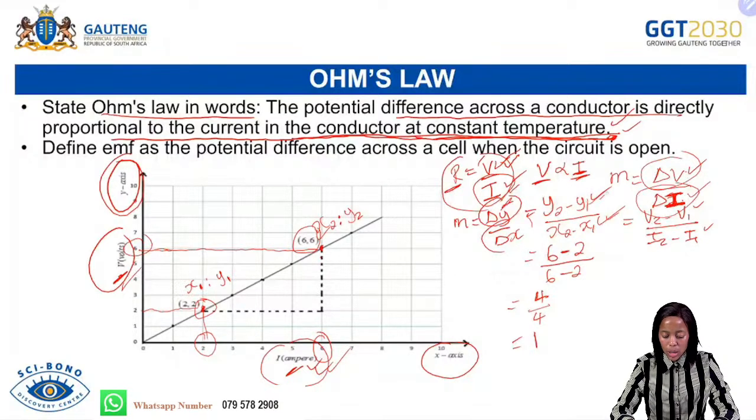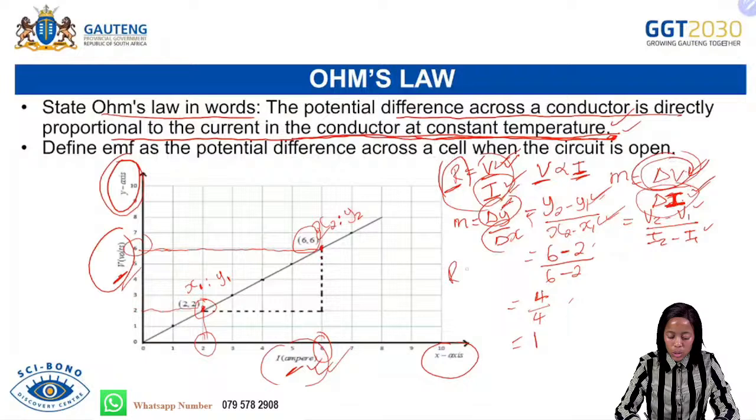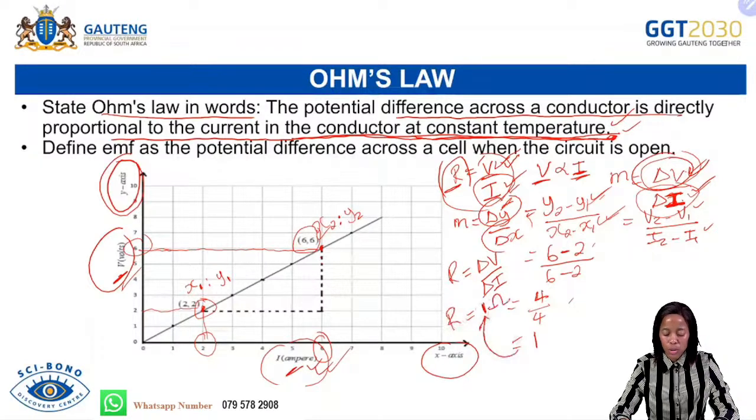Because the gradient is represented by change in V divided by change in I, the gradient gives us the resistance. If our answer for the gradient is 1, it means we have calculated the resistance. So the resistance will give us 1 ohm.